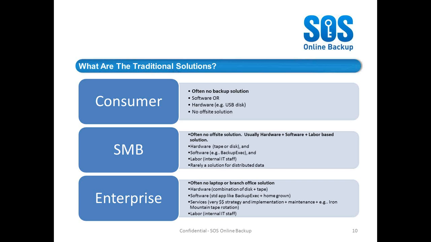I'm going to jump into what we typically see in the market. And most of you are going to be familiar with this because you're here now interested about how to make some money with an online backup service. Most of the time, I'm going to start with consumer and small office, home office. But just across the board, the biggest point of security failure is at the user level.